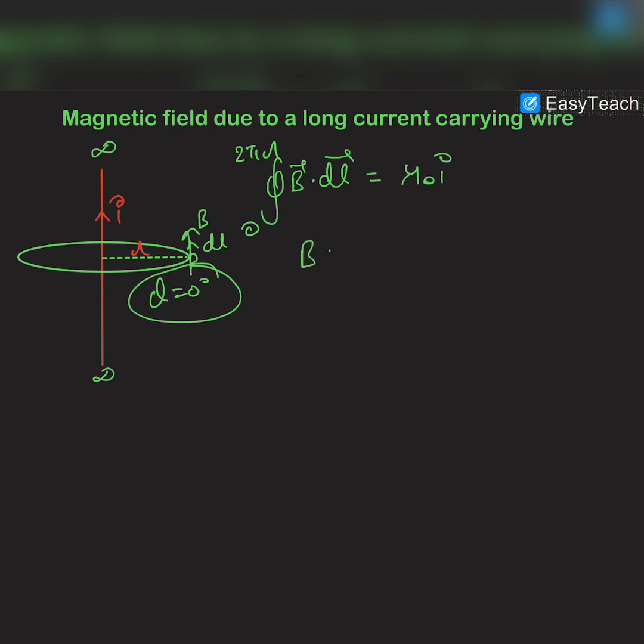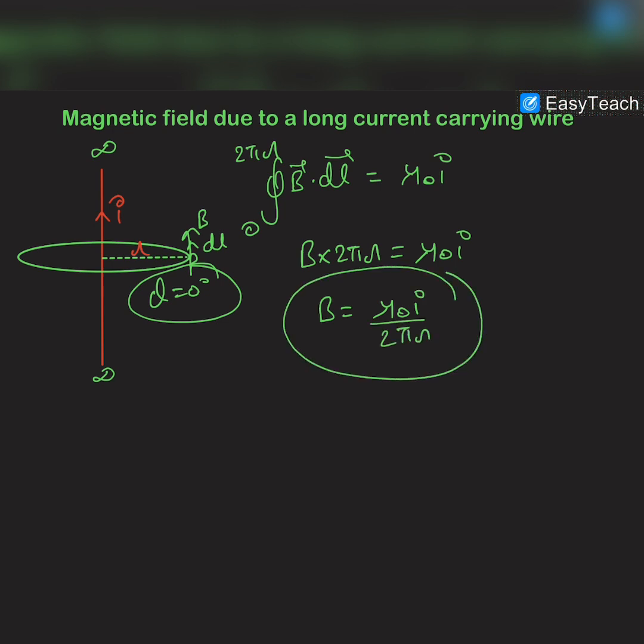So B into 2 pi r is equal to mu naught I, and B will be equal to mu naught I by 2 pi r. This is the magnetic field due to the infinitely long current carrying wire, and we have already discussed this field previously by using the Biot-Savart law.